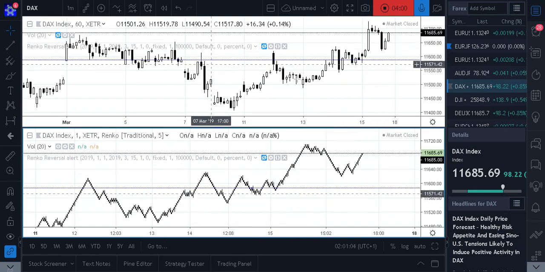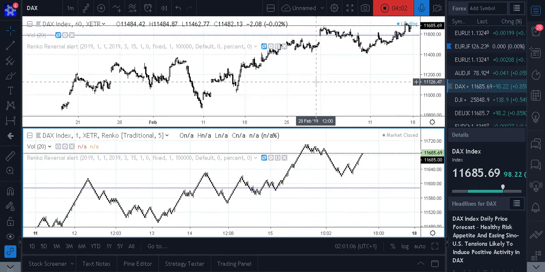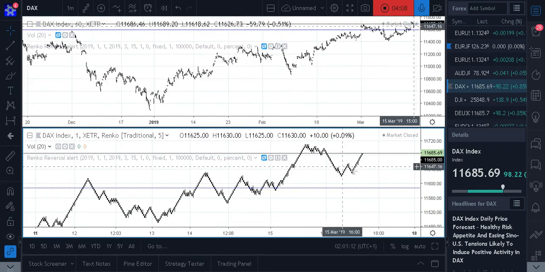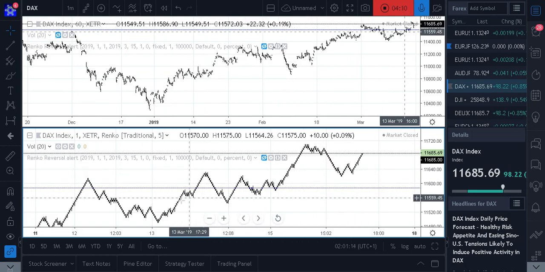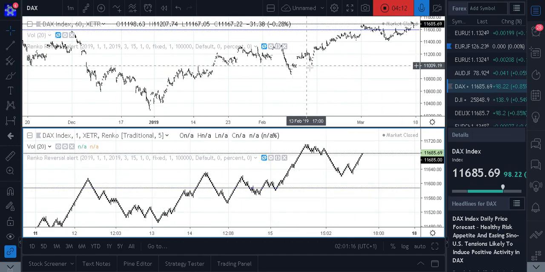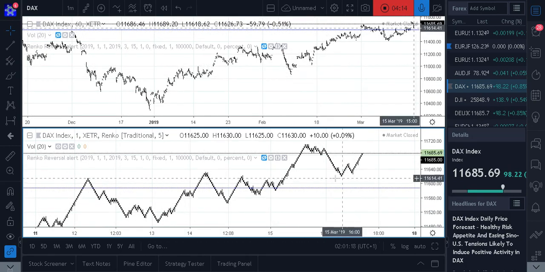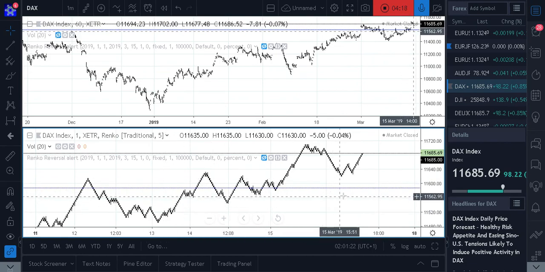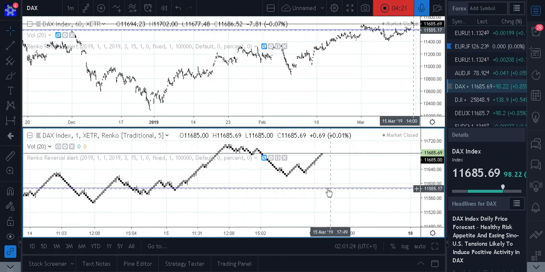By the way, these cursors are synchronized, so wherever I put it here on the bottom, it will be on the top, so we can easily compare it. Okay, so let's get started.